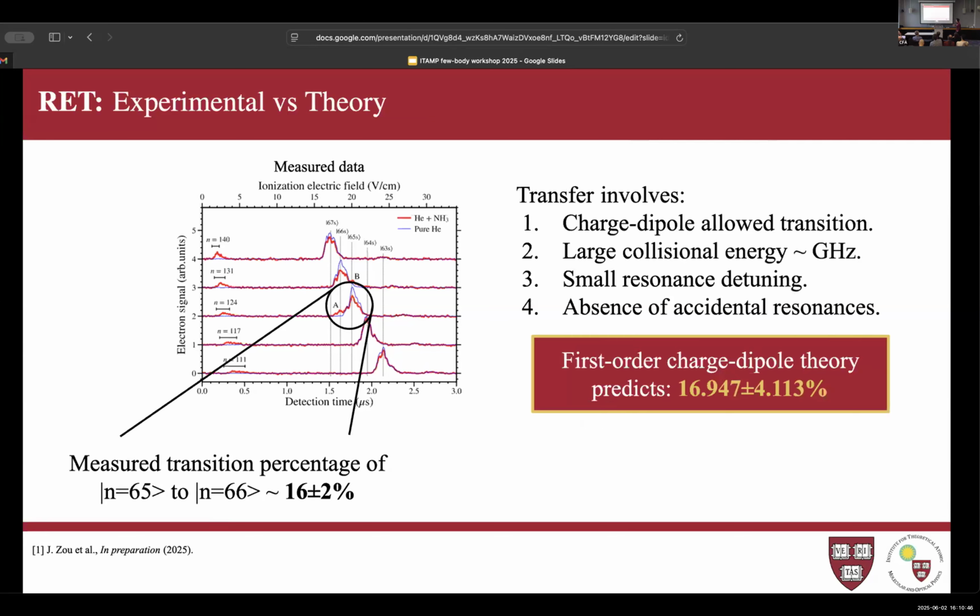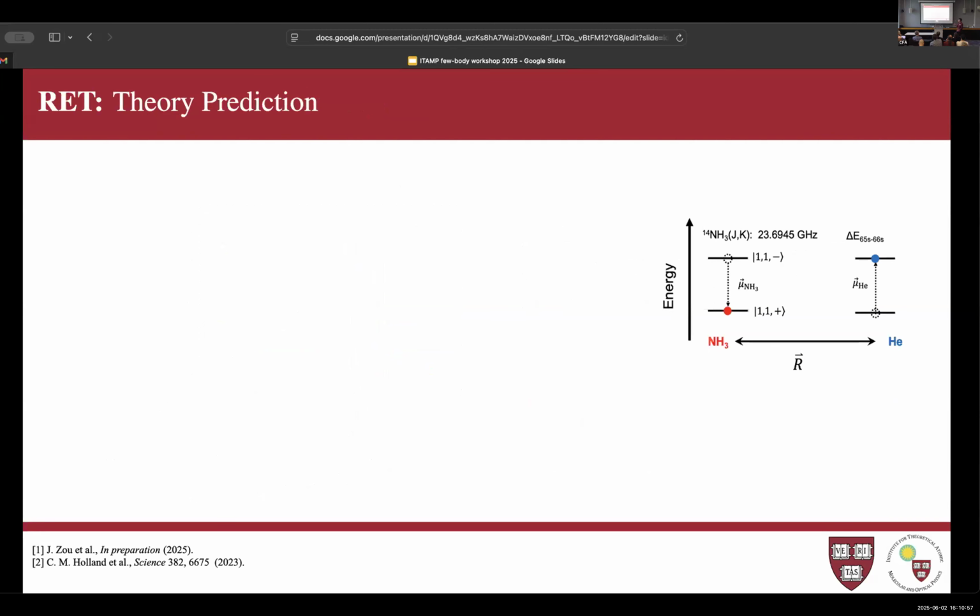All right. So this was nice and encouraging for the theory. And then we can extend this train of thought a little bit more to theory prediction. As I mentioned earlier, we have this charge dipole interaction between the molecule and the helium atom.